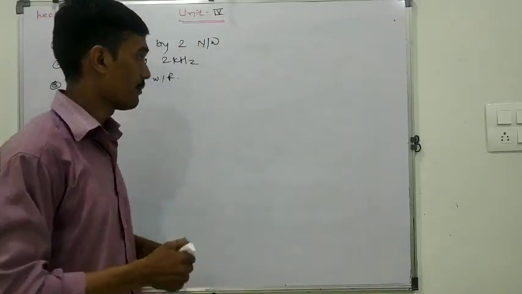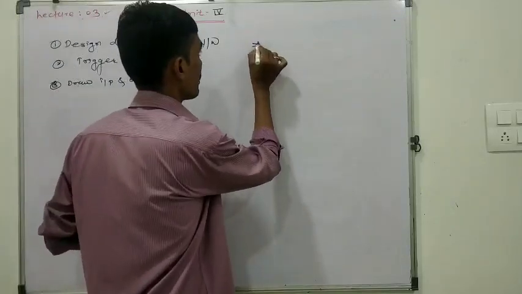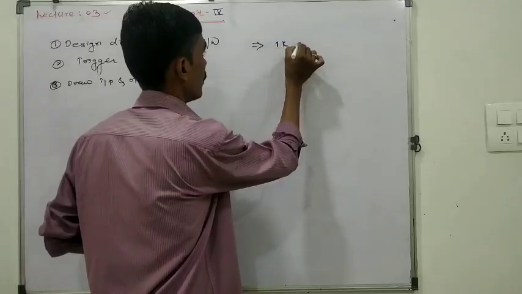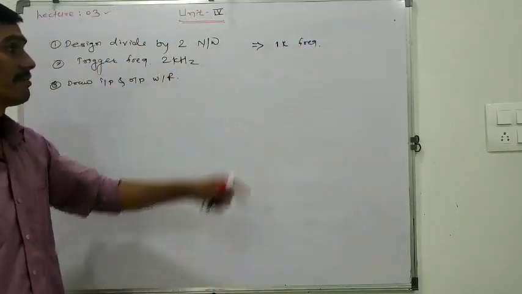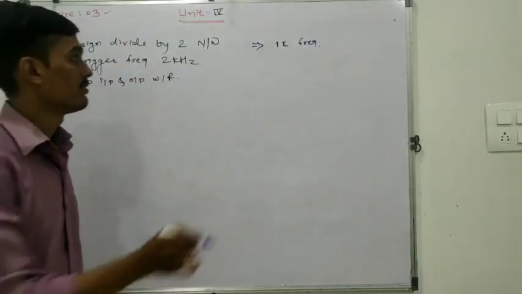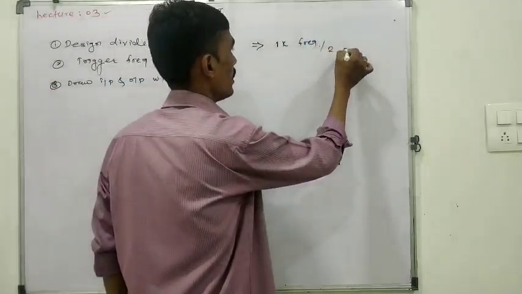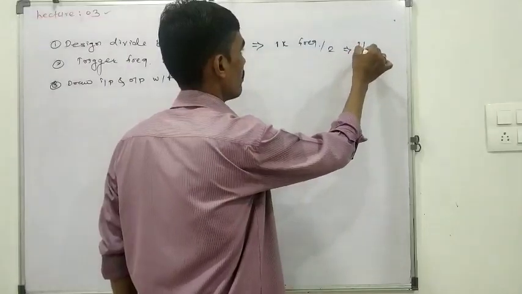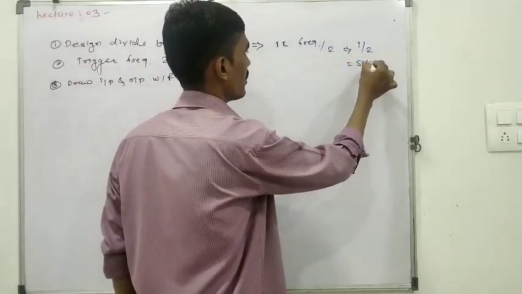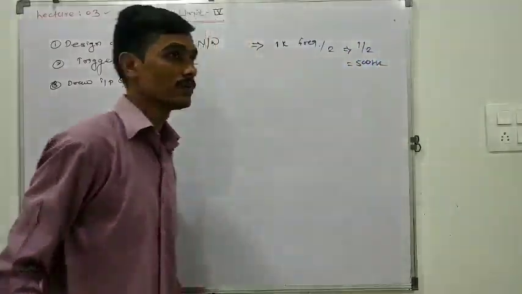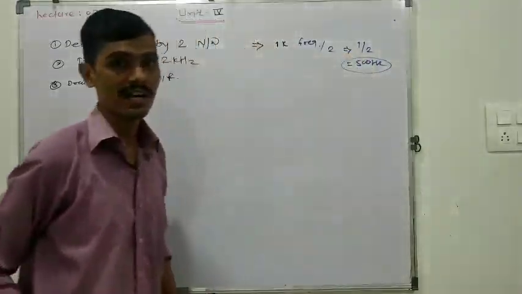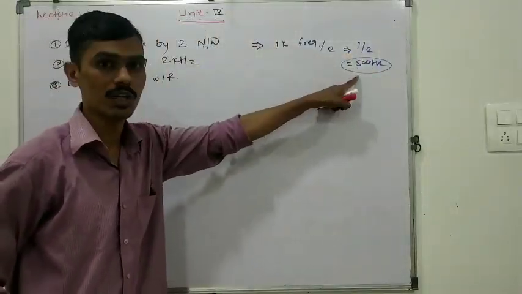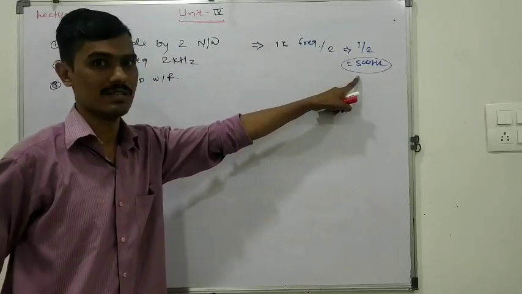For example, if I am providing 1 kilohertz as a frequency, and we are asked to design a divide by 2 frequency, then we divide this frequency by 2. We will get 1 by 2, that is 500 hertz. So we have to generate a 500 hertz frequency at the output. That is nothing but a divide by 2 network, or divide by 2 frequency.